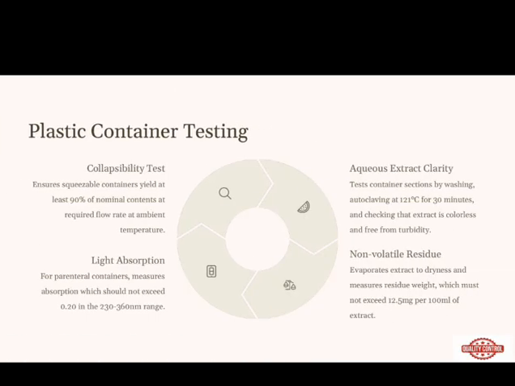Plastic container testing. First is collapsibility test. Ensures the squeezable containers yield at least 90% of nominal contents at required flow rate at ambient temperature. Second is light absorption. For parenteral containers, measures the absorption which should not exceed 0.20 in the 230 to 360 nanometer range.